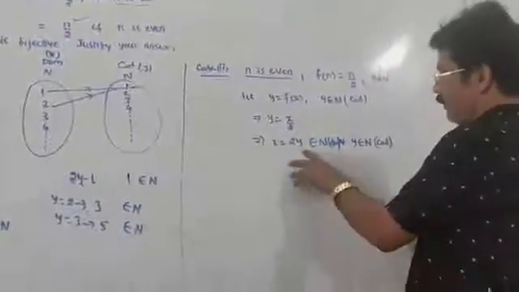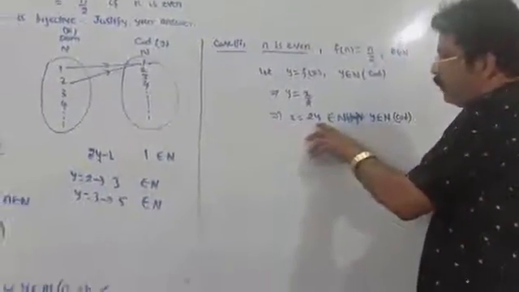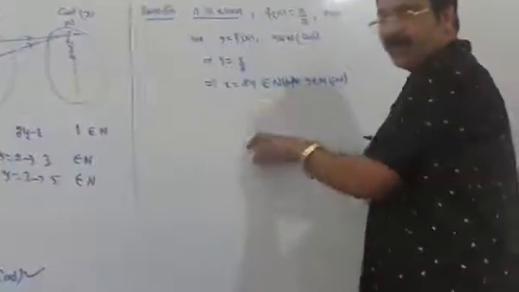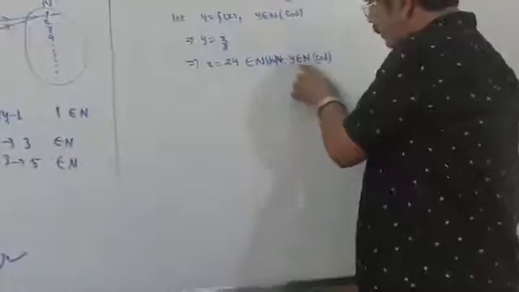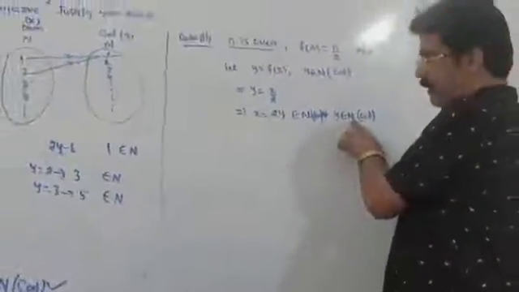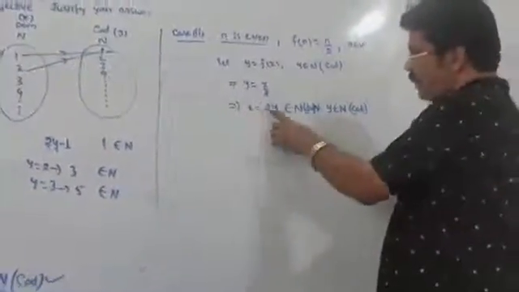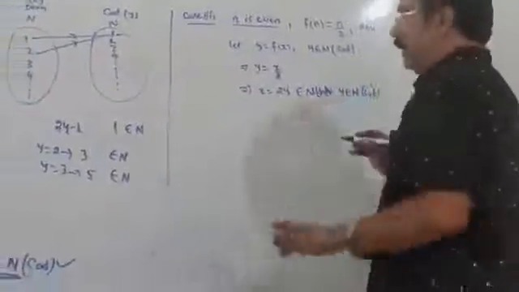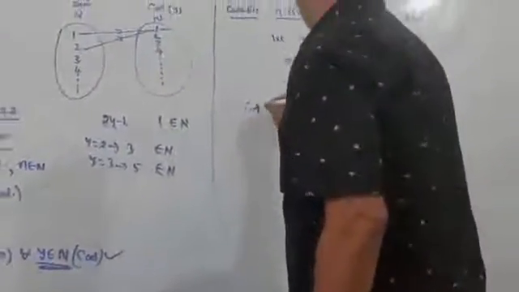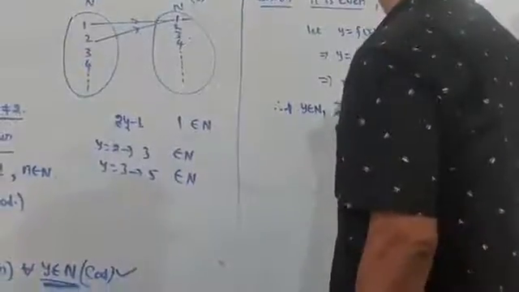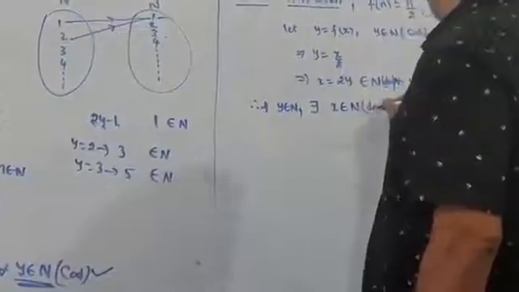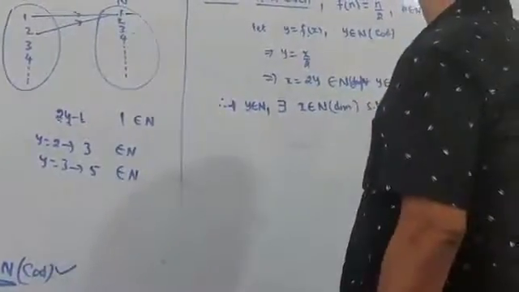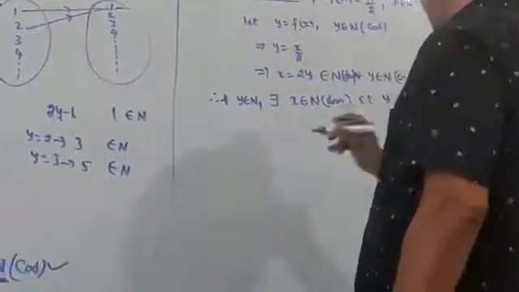Very clearly, put y equal to 1, 2, 3, 4 and so on, just like that. Again we are getting natural number. So therefore for all y belongs to natural number N, x also belongs to natural number. So therefore for all y belongs to natural number, there exists a small x, which also belongs to natural number, meaning domain, so that y is equal to f of x.